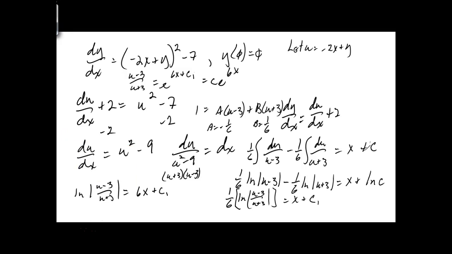And now what we're going to do is plug back in what u is, or u are, or whatever. So this would produce u is minus 2x plus y. I'm going to write it as y minus 2x. It irks me to start with leading with that.